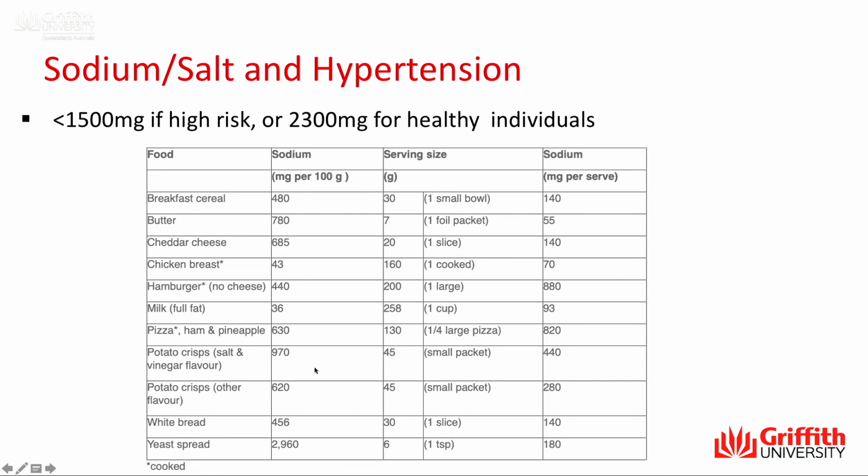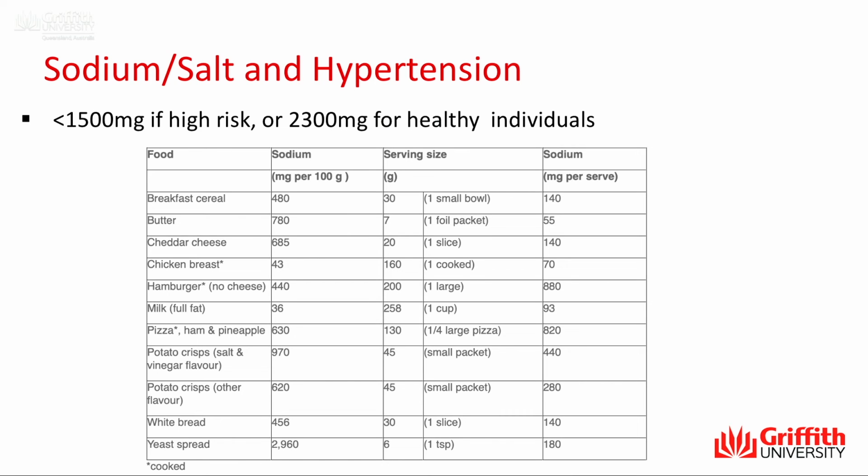These foods here are all commonly consumed foods that you may see in practice. If we have a look at white bread, for example, say 2 slices, it's about 100 grams, so you're already looking at about 456 milligrams of sodium. If we have some butter on that, say per serve, we add 55 milligrams.